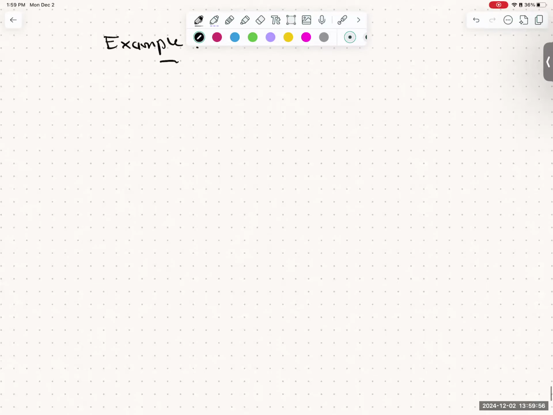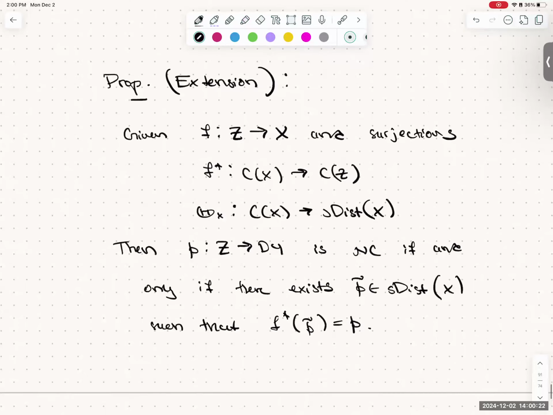Suppose that you have, I guess this would be a horn. You have a 3 simplex, but the bottom face is not filled in. I will make it red like this to indicate that this one is not in. So what is this extension telling us?